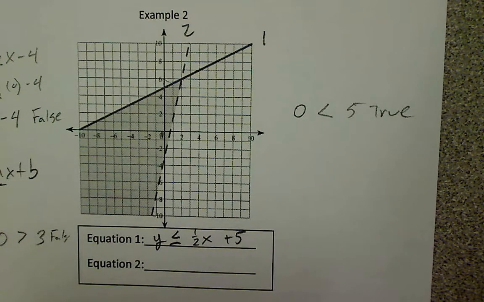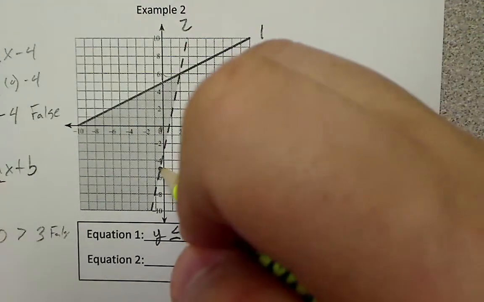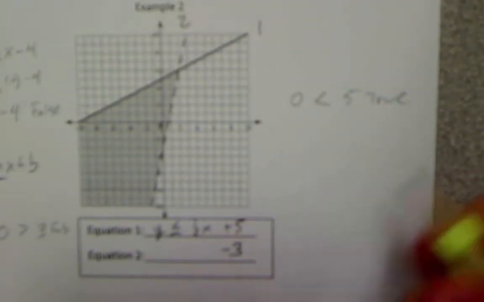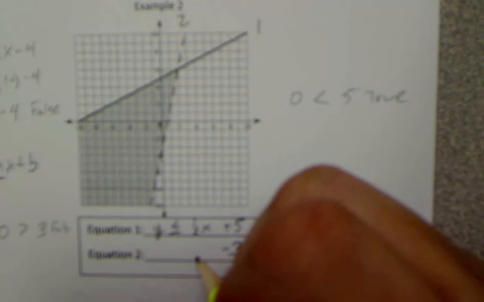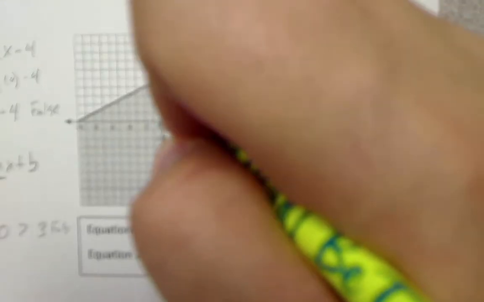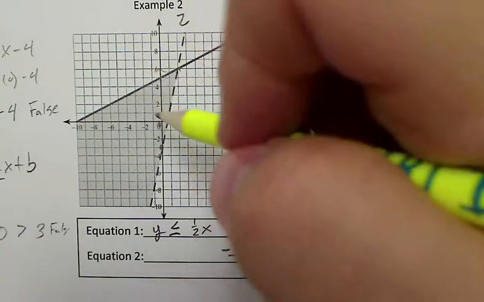Okay. Line 2, it looks like it's going to be at, ooh, that's a tricky one, -3. And again, if I pick this point, 1, 2, 3, 4, 5, 6, 7, 8, 9 over 2, it looks like.